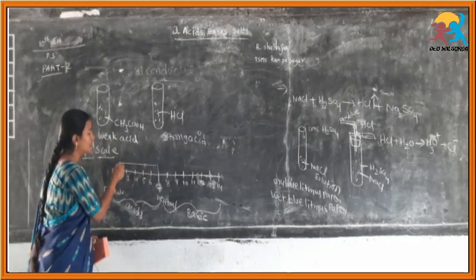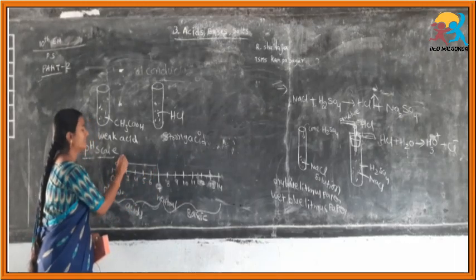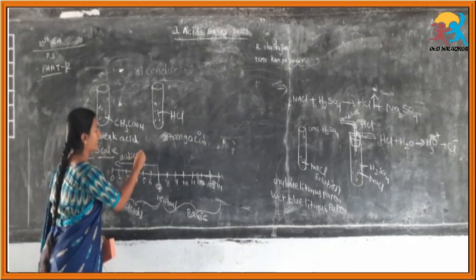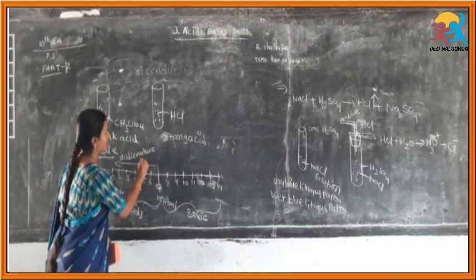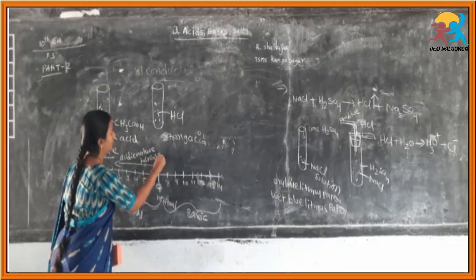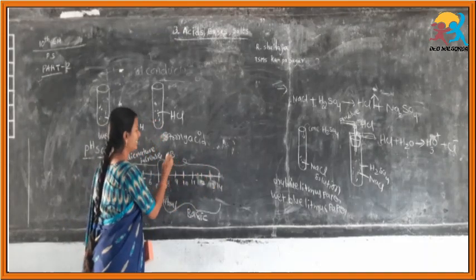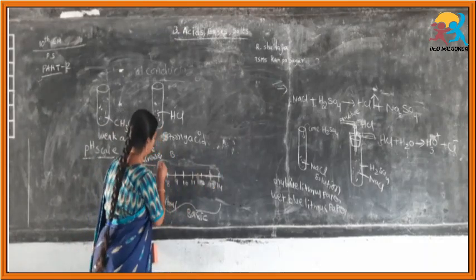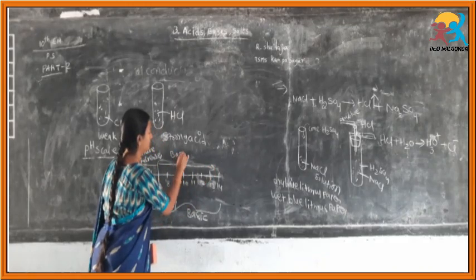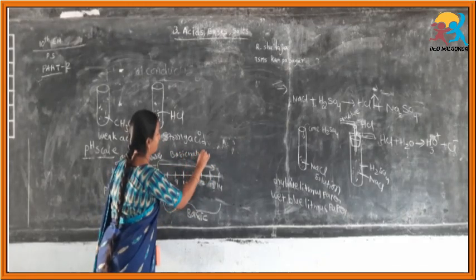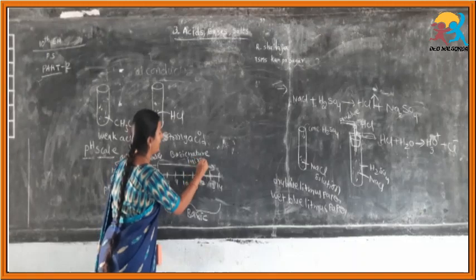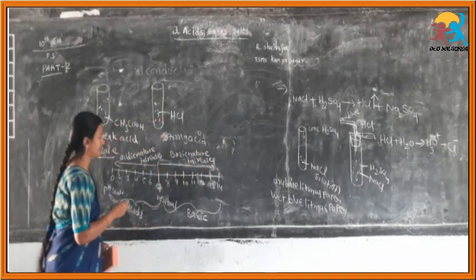On moving from 7 to 0, the acidic nature increases. On moving from 7 to 14, the basic nature increases.